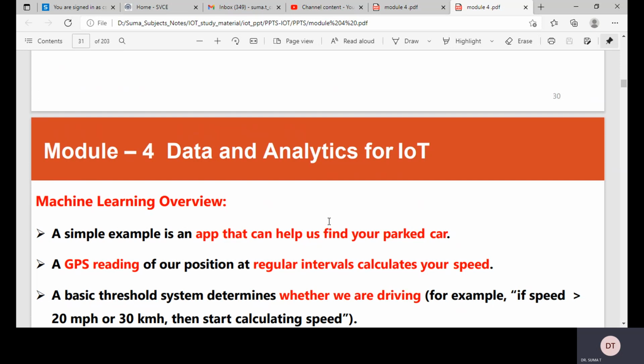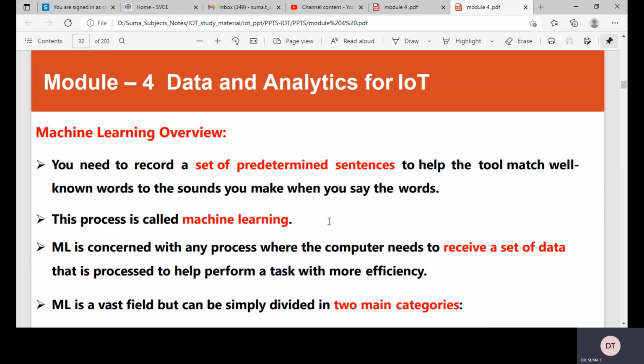So what happens in more complex cases? Static rules cannot simply be inserted into the program, because they require parameters that can change or that are imperfectly understood. A typical example is a dictation program that runs on a computer.